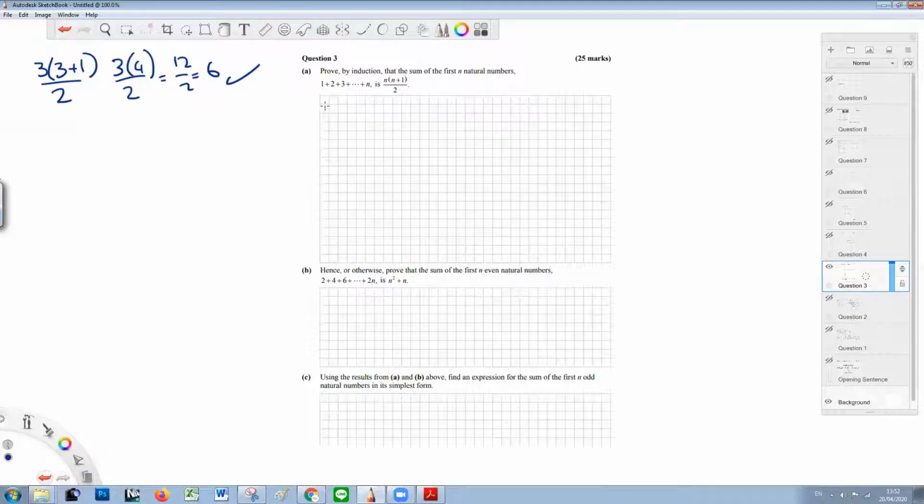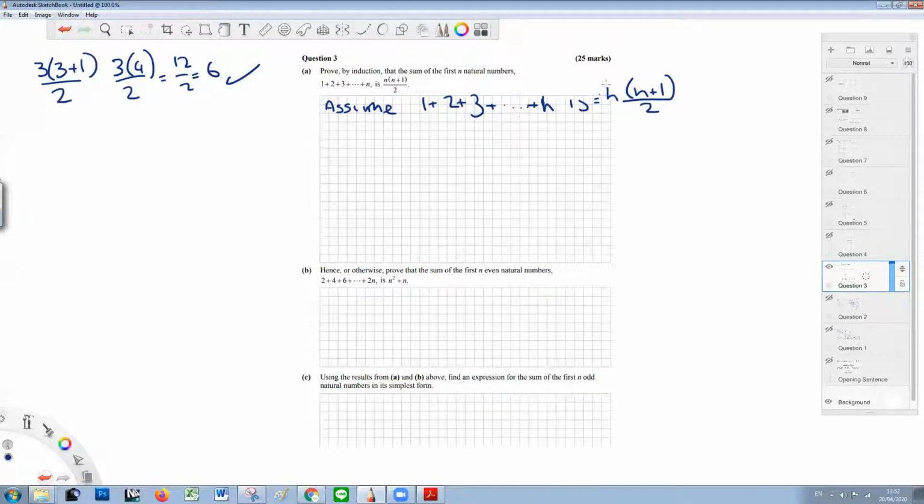So we'll assume that if we have 1 plus 2 plus 3 plus and so on, plus h in this instance, it is going to equal h times h plus 1 over 2.